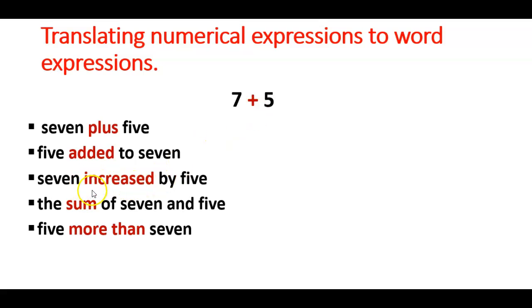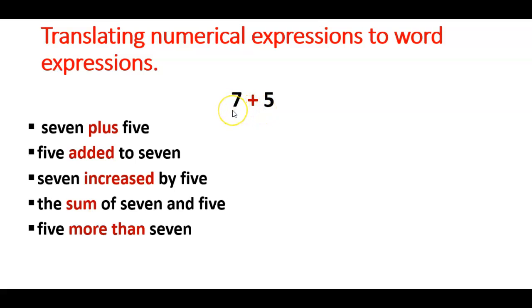And in here, if we use the words increased by, we do not change the order of the addends because it is the 7 to be increased by 5. If you're going to use the word sum or total, it doesn't matter.